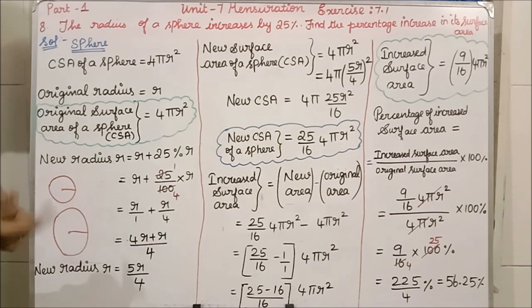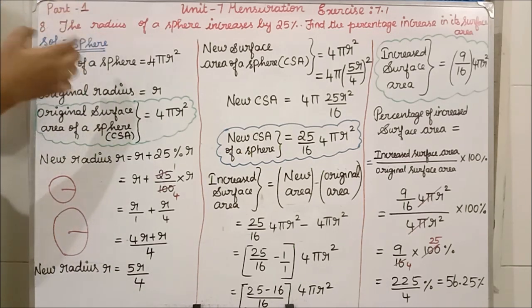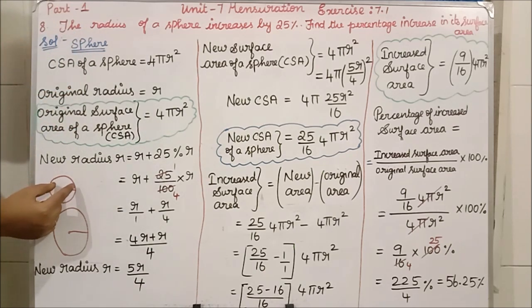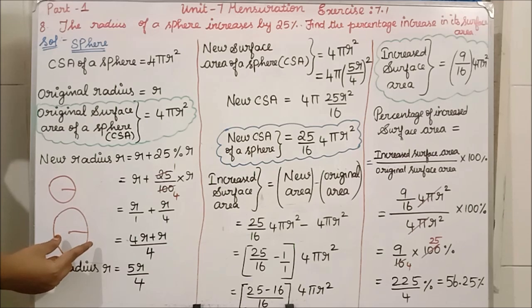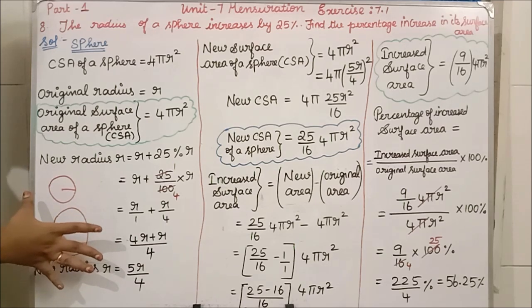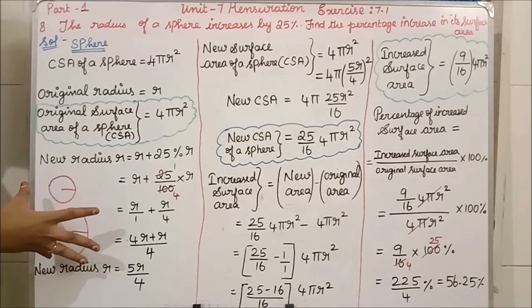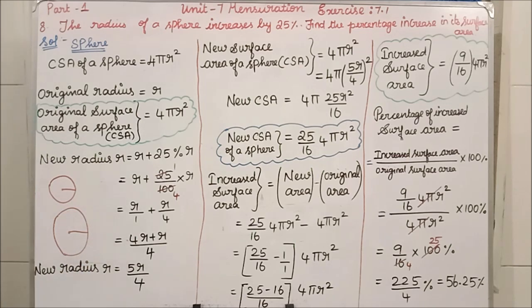If you draw the circle with 3 centimeters, the circle will be big. So according to the radius, the surface area will be increasing. If the radius of a sphere increases by 25 percentage, then how much will the surface area increase? That is what they are asking. Clear the question? Yes, we'll see the solution.